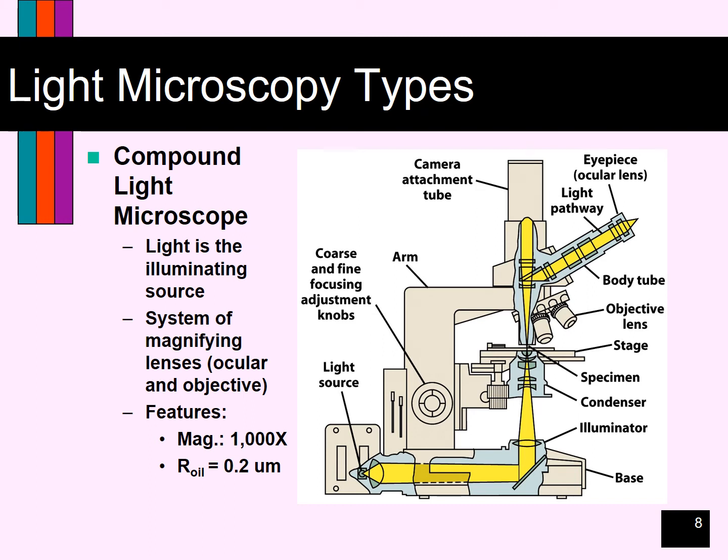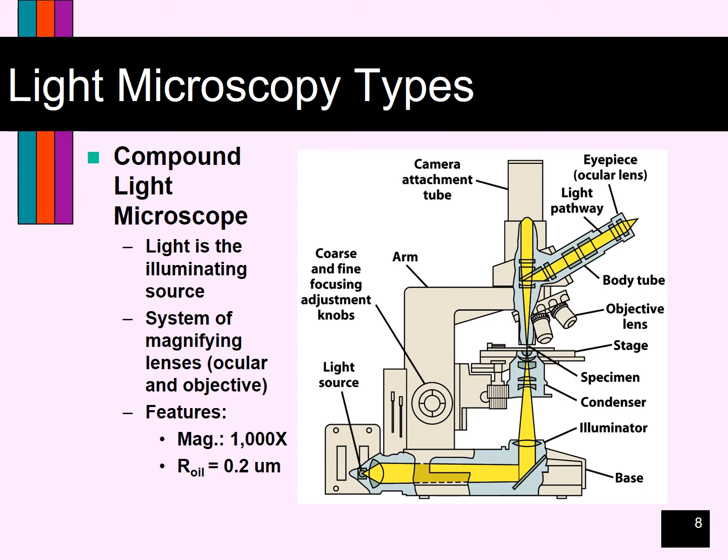I just want to mention, and we won't necessarily be in the lab, but when you're doing microscopy and you use the oil immersion objective, the reason why you add oil to your specimen is because you're trying to decrease refraction of light.